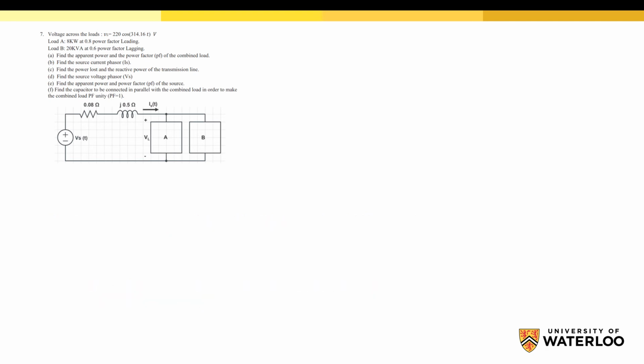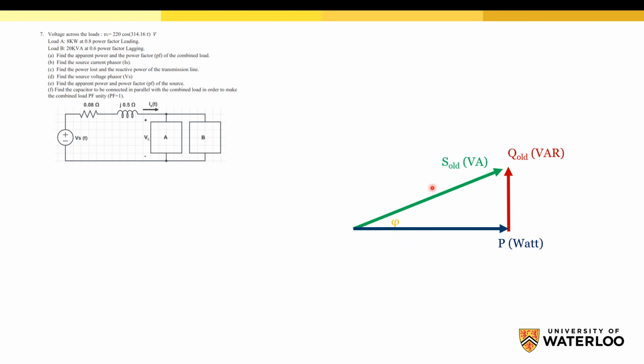Finally, we need to calculate the value of the capacitor to be connected in parallel to make the combined load power factor equal 1. So remember this power triangle. For the combined load here, we have P and Q and S. Now we are going to connect a capacitor in parallel, and this capacitor will generate reactive power. So you will have a leading reactive power.